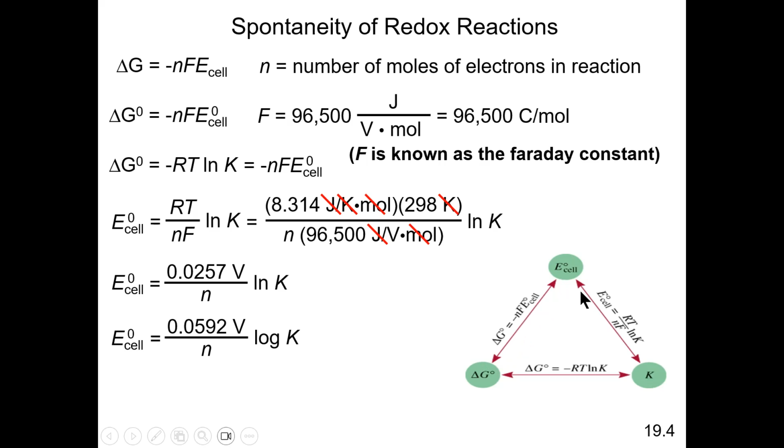And then this equation relates the EMF of the cell to K. This is a result of the relationship between these two equations. We can use these equations to solve for different things, depending on what the question is asking for, and what you're given in the question.